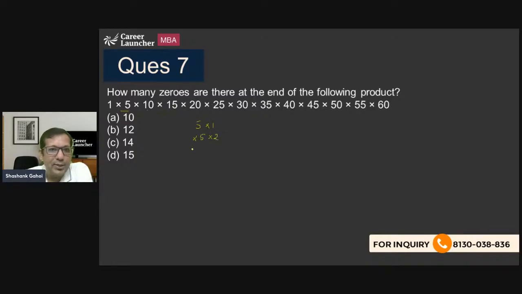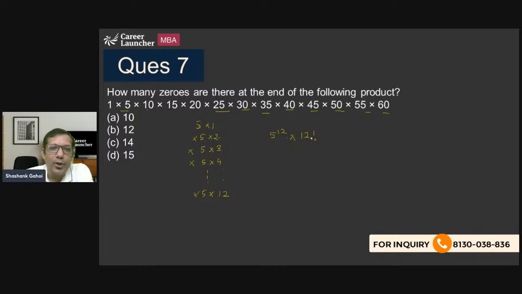Third number is 5 into 3. Fourth number is 5 into 4. Next number is 5 into 5, 5 into 6, 5 into 7, 5 into 8, 9, 10, 11, 12. So it goes all the way up to 5 into 12. So 5, 5, 5, 5, how many times? 12 times. So 5 power 12 into 1, 2, 3, 4, 5, 6 up to 12. So 12 factorial. That's what we have.